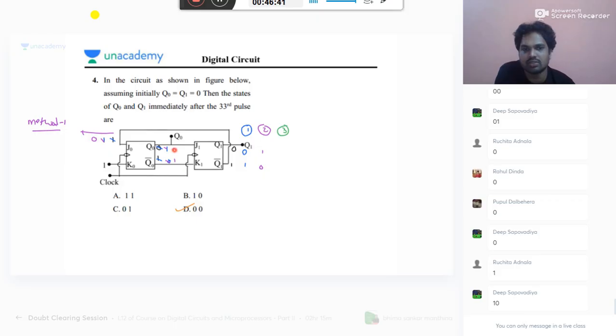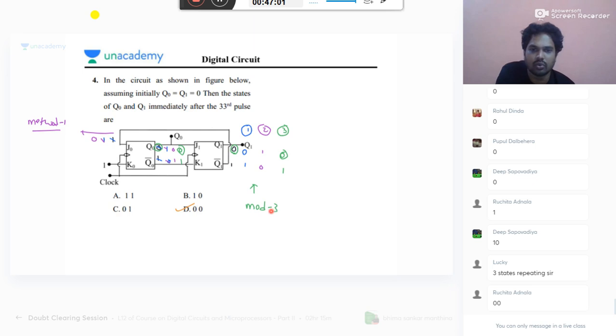What is the input here? 0, 1. What is the input here? 0, 1. That's all. So after 3 steps, wherever you have started, the same is coming back. So that's why it is mod 3.